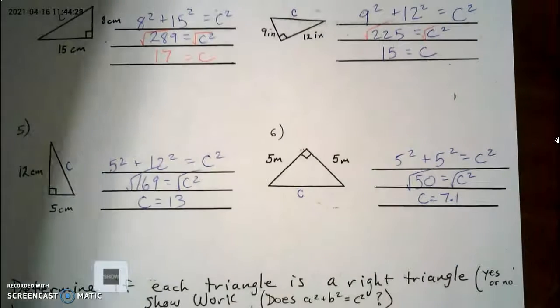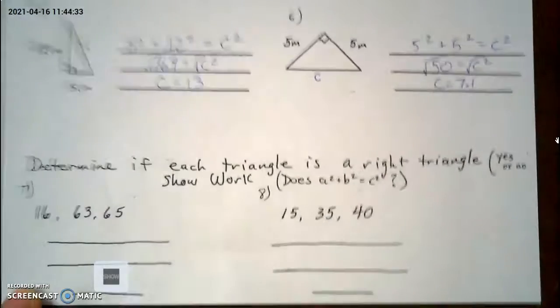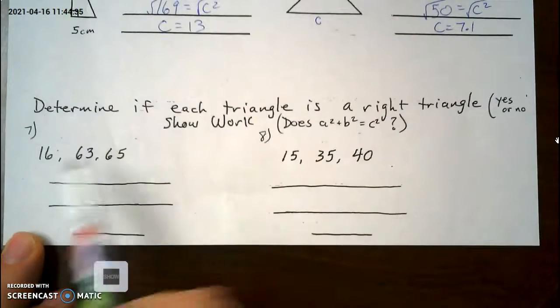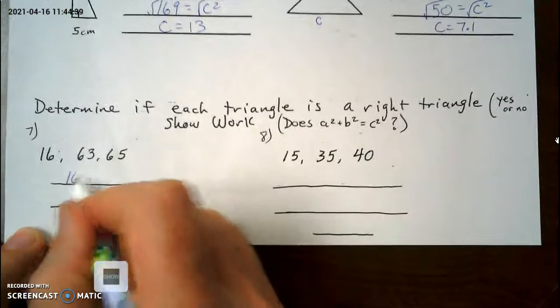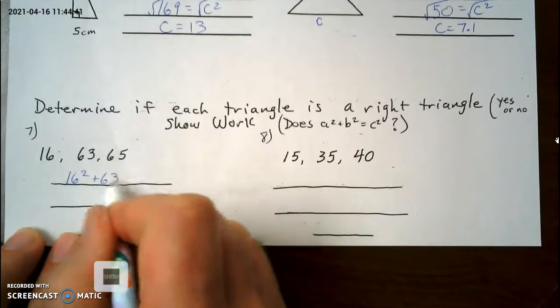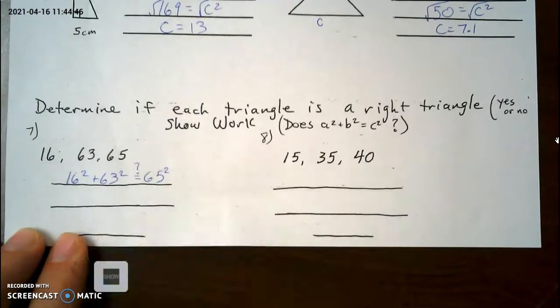And finally, the only other question we have to see is you have to determine if these make up the sides of a right triangle. So just set it up. 16 squared plus 63 squared equals 65 squared. Well, right now that's a question. Now, is that true? So this is how you show the work.